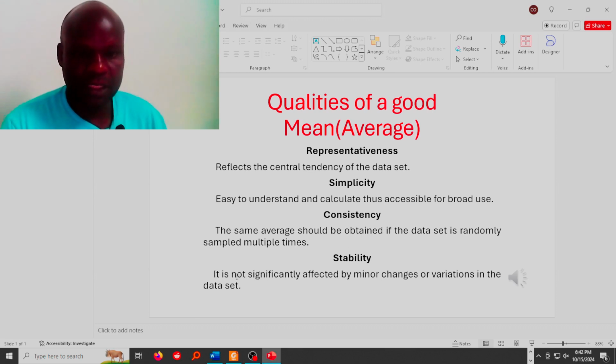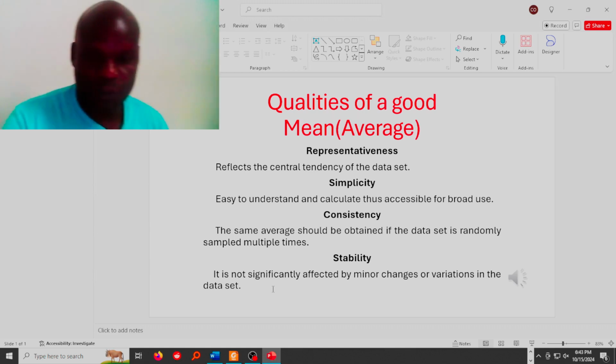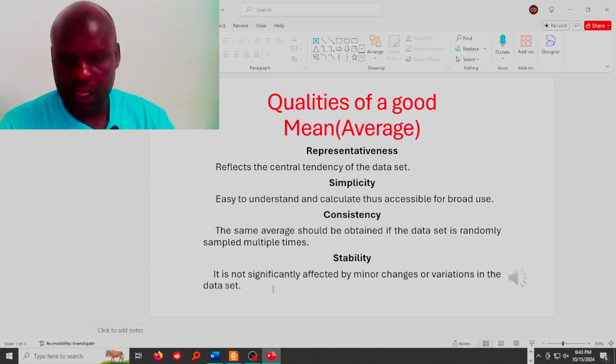Then stability, it is not significantly affected by minor changes or variations in the data set. And that's why we are able to define a confidence interval. Normally we define a confidence interval means that we are expecting, if it's the mean, by defining a confidence interval, we are simply saying that we expect it to lie between this particular value and this particular value. So we give it a range.